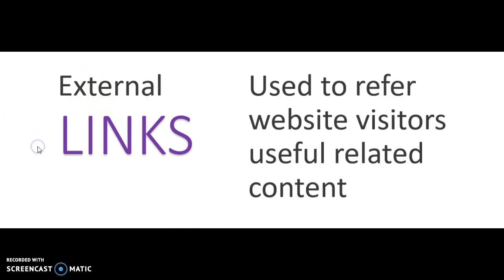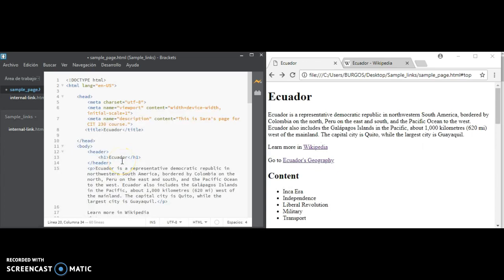External links. We use external links when we want to refer website visitors to useful related content. I have created a basic web page in order to display external links.